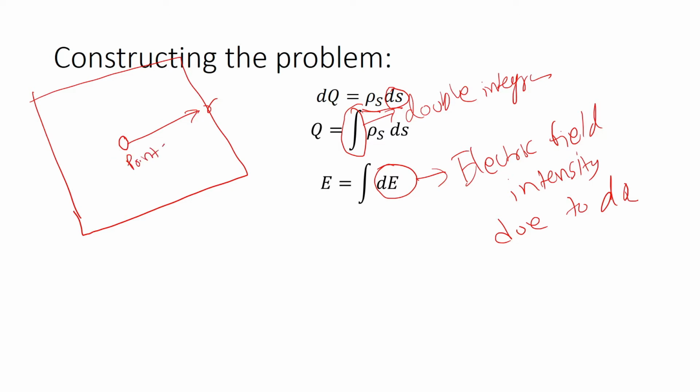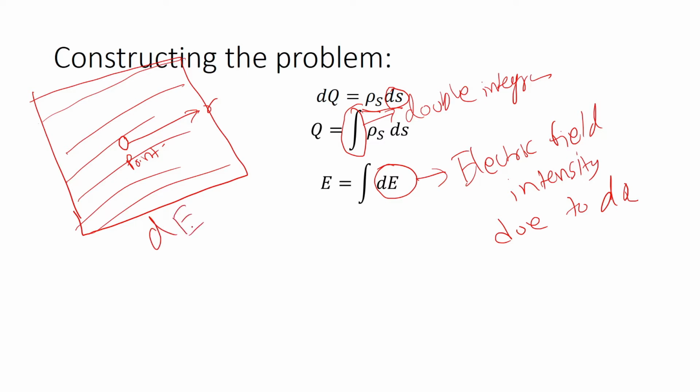Now, what I am saying is, I can have infinite such points over here. And the electric field intensity because of this point is dE, and the total electric field intensity can be written, by the superposition theorem, by adding the individual electric field intensities because of different points.